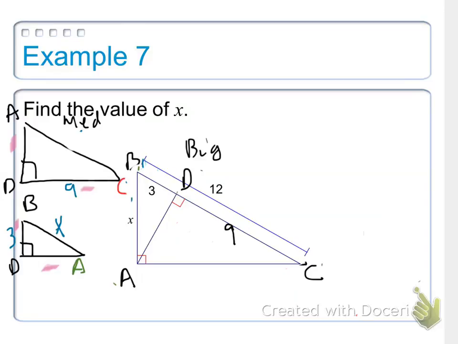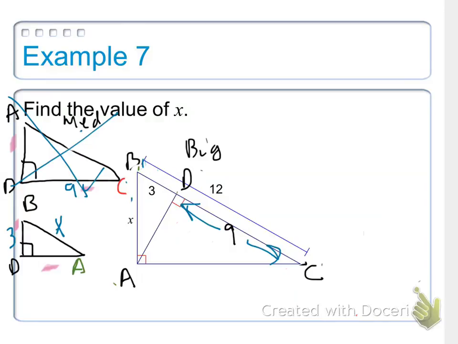We know CD is 9. So we're really kind of stuck here. It turns out this medium triangle isn't very useful because all we have in the medium triangle is this distance here, which I labeled right there. So I'm not going to use the medium triangle to set up a proportion. It doesn't give me enough stuff.